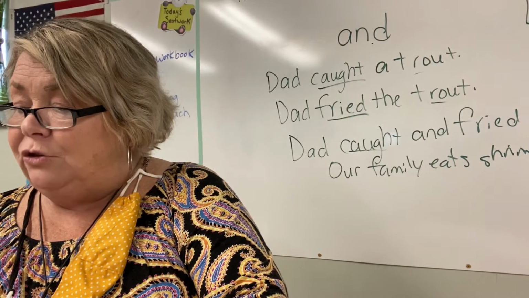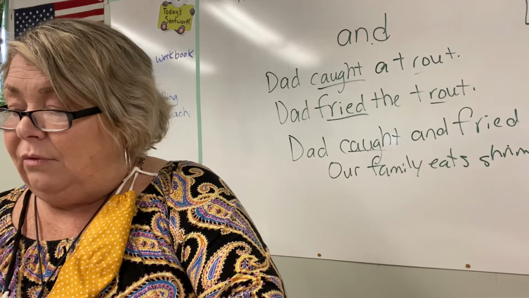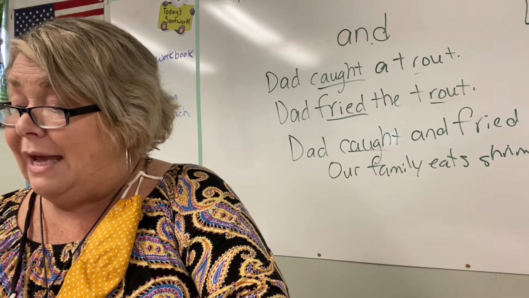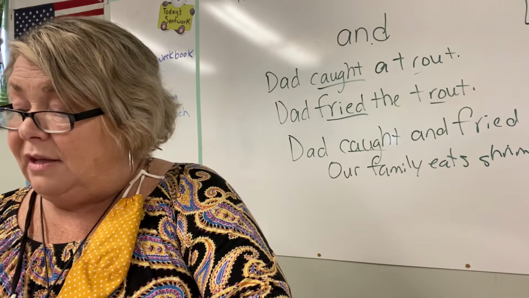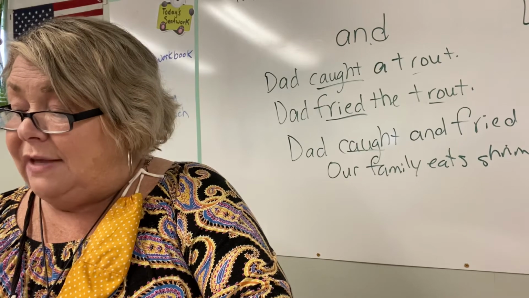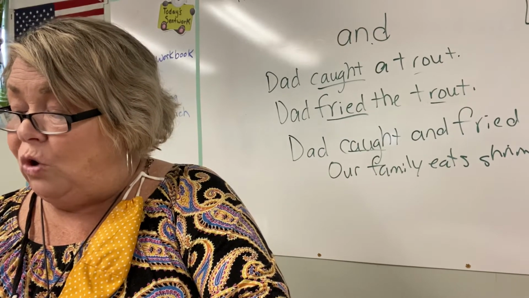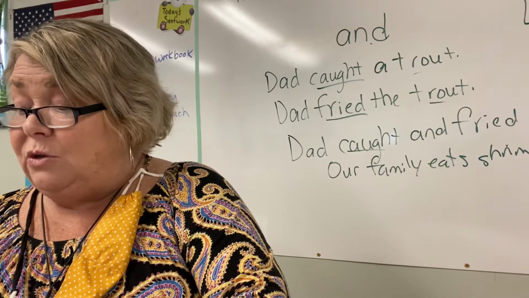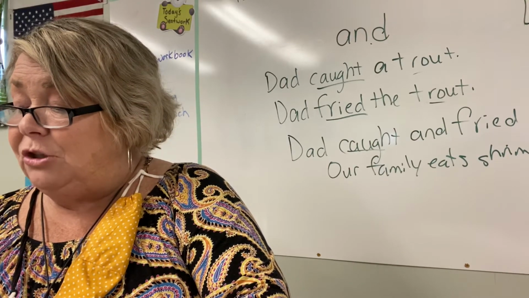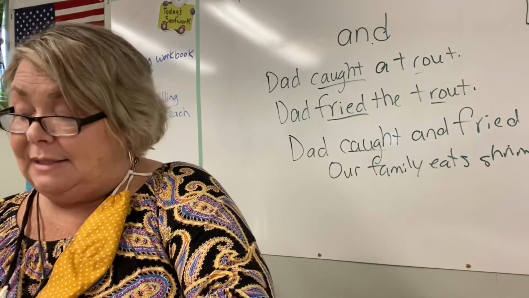You're going to underline the subjects or predicates that could be joined with the word and in each one of them. And then for 6 through 9, you're going to take the two sentences and combine them into one sentence. And then you're going to do apply and write, which says write a pair of sentences and combine the subjects or predicates to make one sentence.